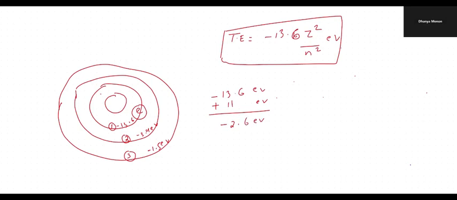Do you have any shell with this amount of energy? You don't have any shell. So even if you provide plus 11 eV, the electron will not move, because none of the energy shells matches this energy.